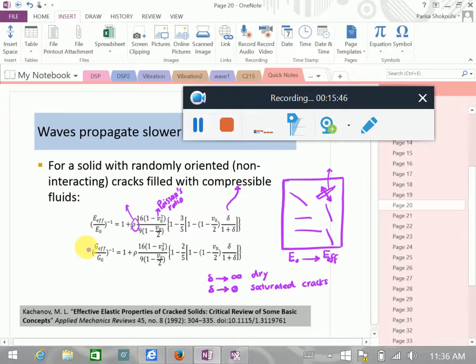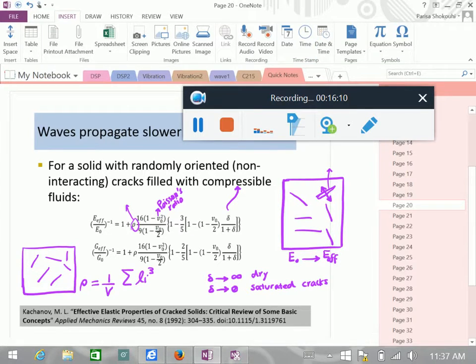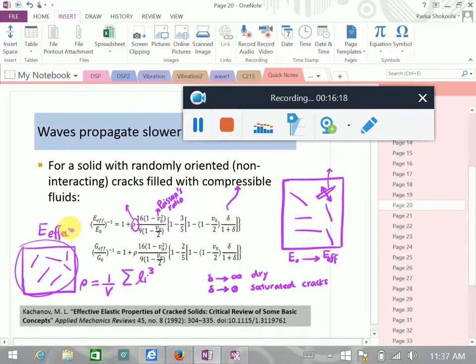This means that if you have a population of cracks of density rho, which we define to be 1 over V, that's the volume of the representative element, and then the summation of the cubes of the radius of your cracks, you can calculate the effective modulus of your material, given that.